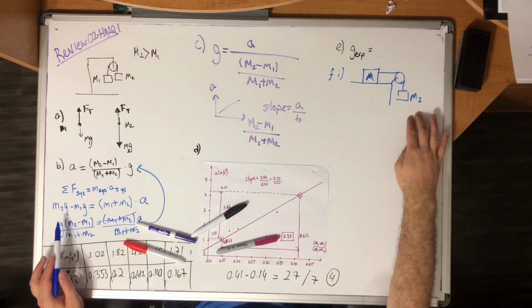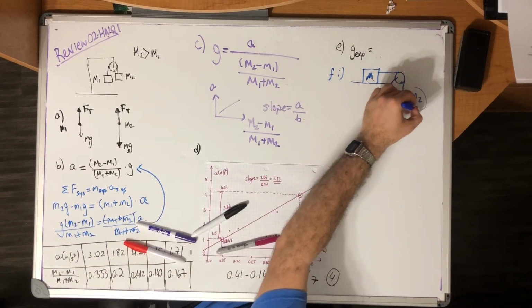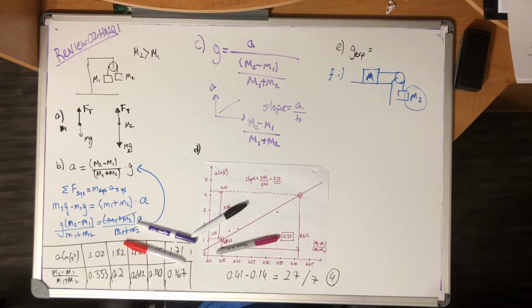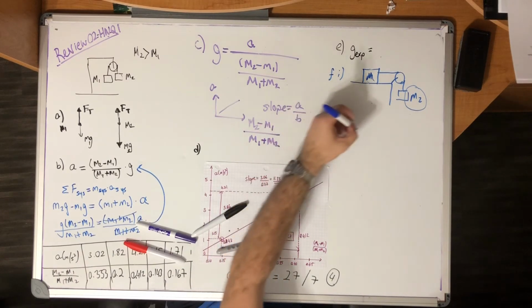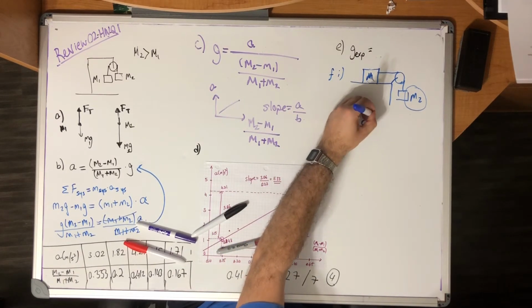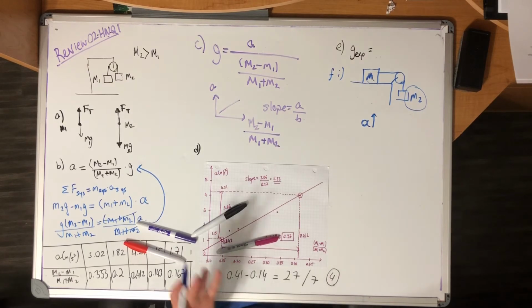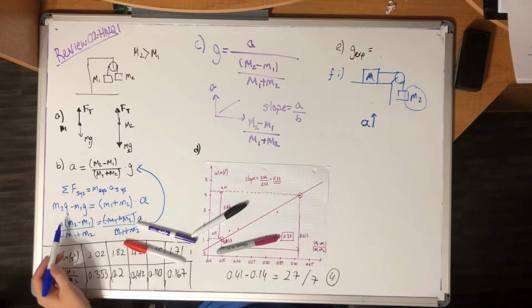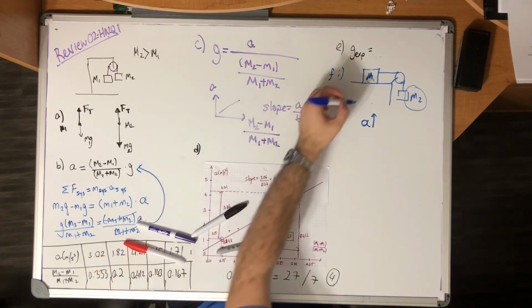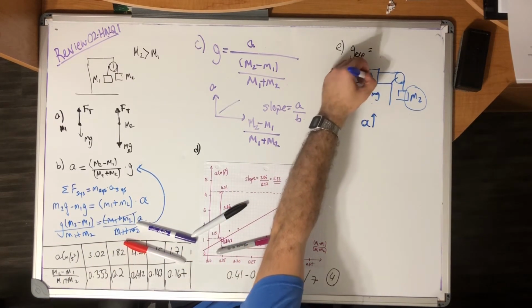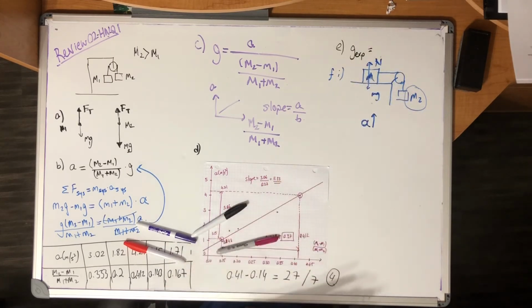But now you only have M2 acting on the system. Since M1G was a retarding force in the first one, and you don't have that now, the acceleration of M2, or the system, will be more. Again, more force is acting on the system now, because this weight is cancelled by the normal force, which has no effect on the movement of the system. So acceleration will be more.